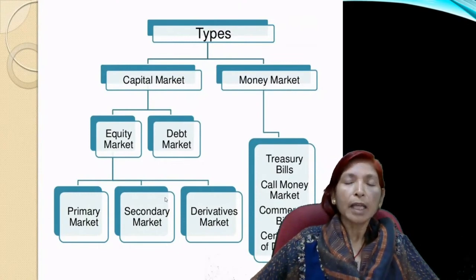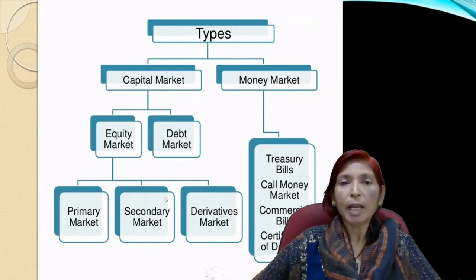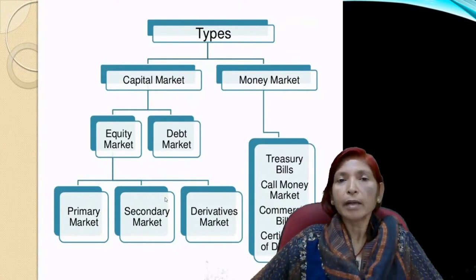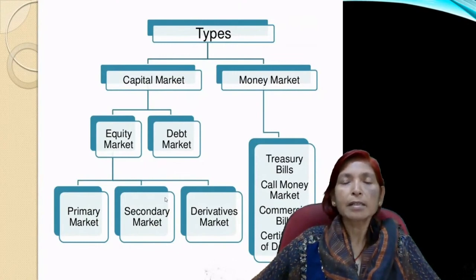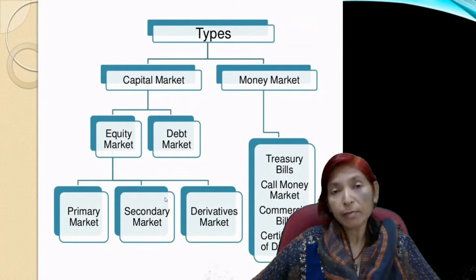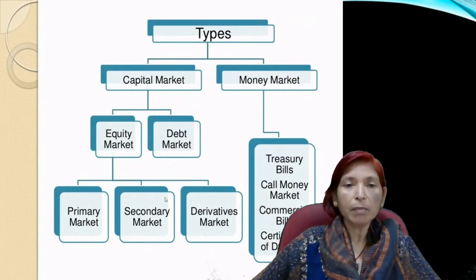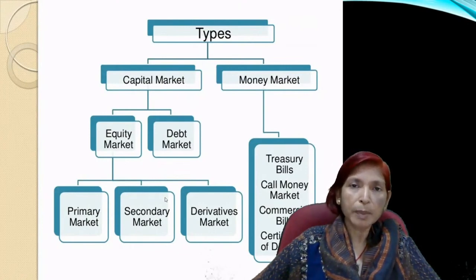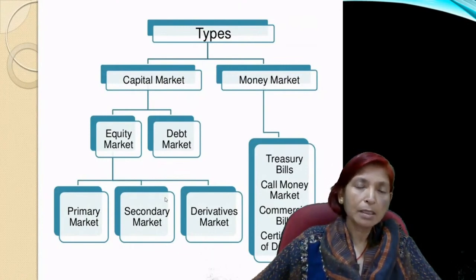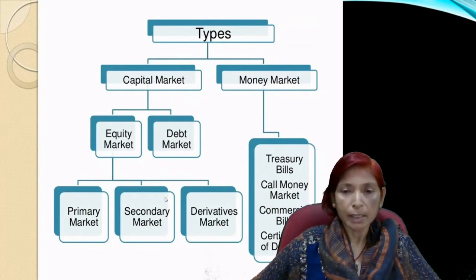And then again, equity market can be classified into three types: one is the primary market, next is the secondary market, and third is the derivative market. Derivative means which is derived from another source of market.